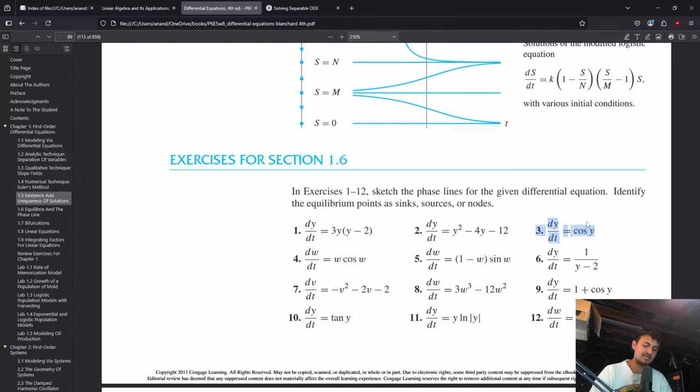All right, so cos y, f prime of y is equal to, is it minus? I always forget if it's minus or if it's just sine.